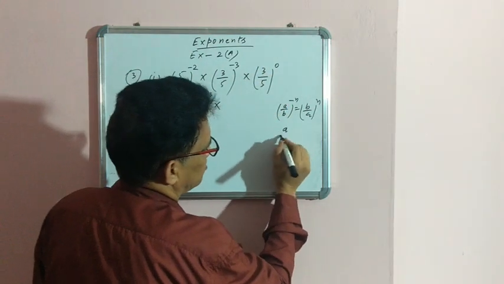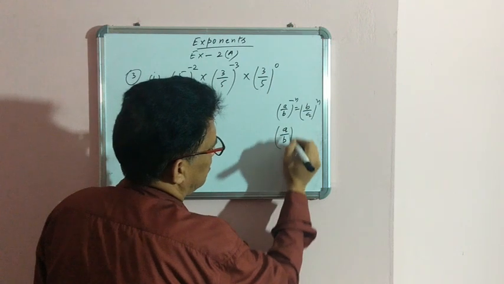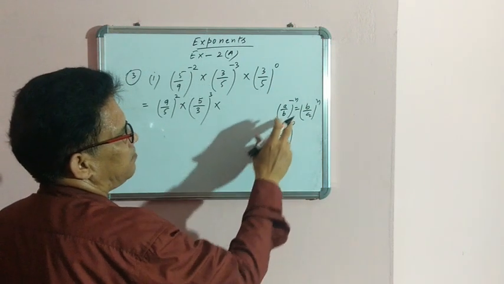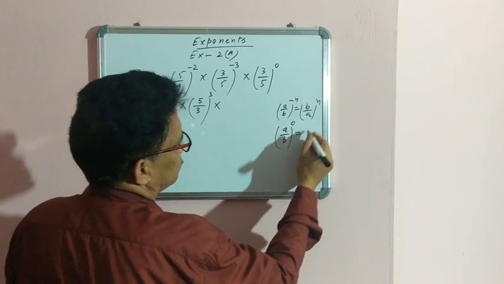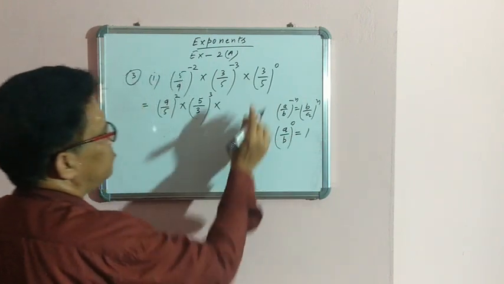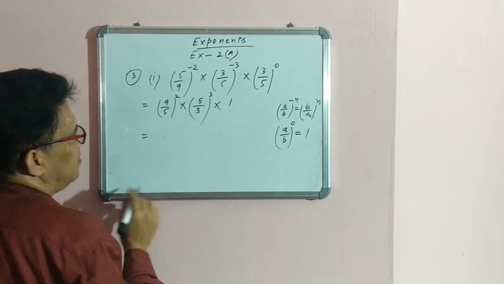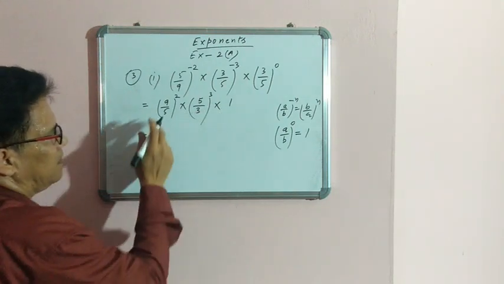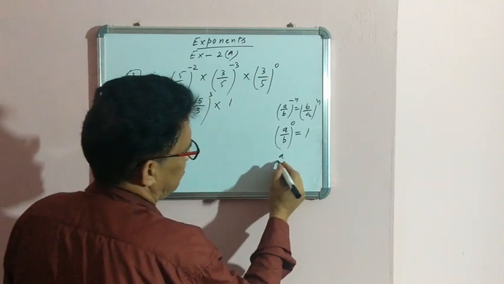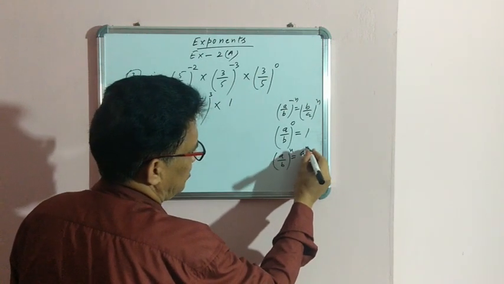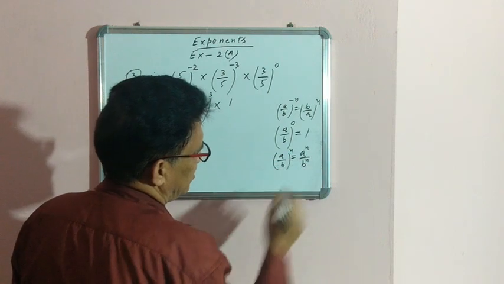You have also seen the law: (a by b) power 0, for any rational number, is equal to 1. So here we will write 1 itself. Now this we can write as, you have seen, (a by b) power n is equal to a power n upon b power n.